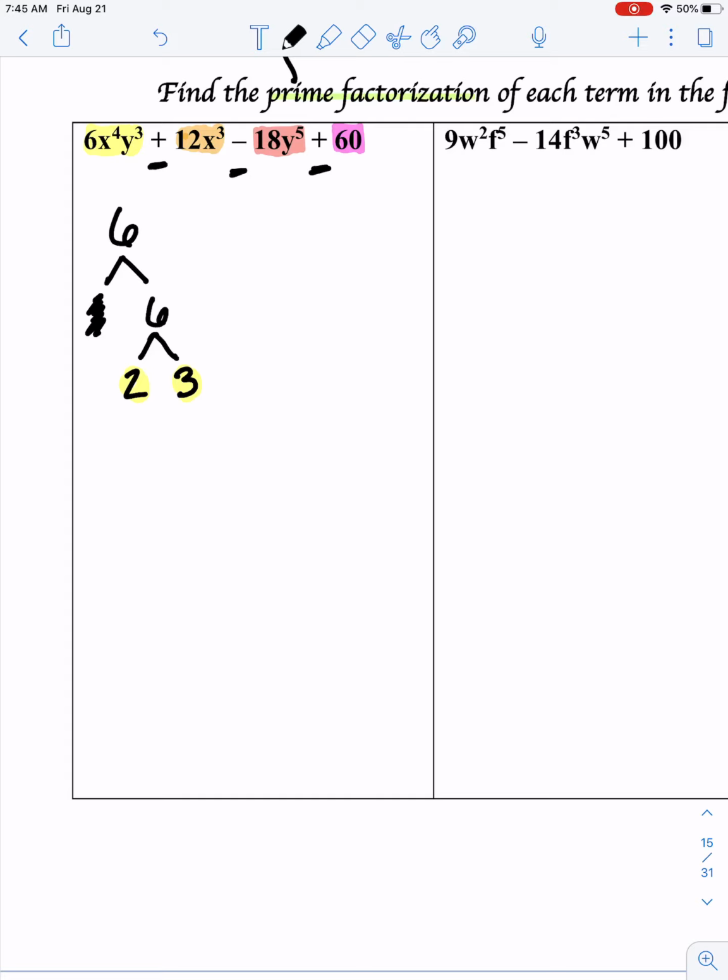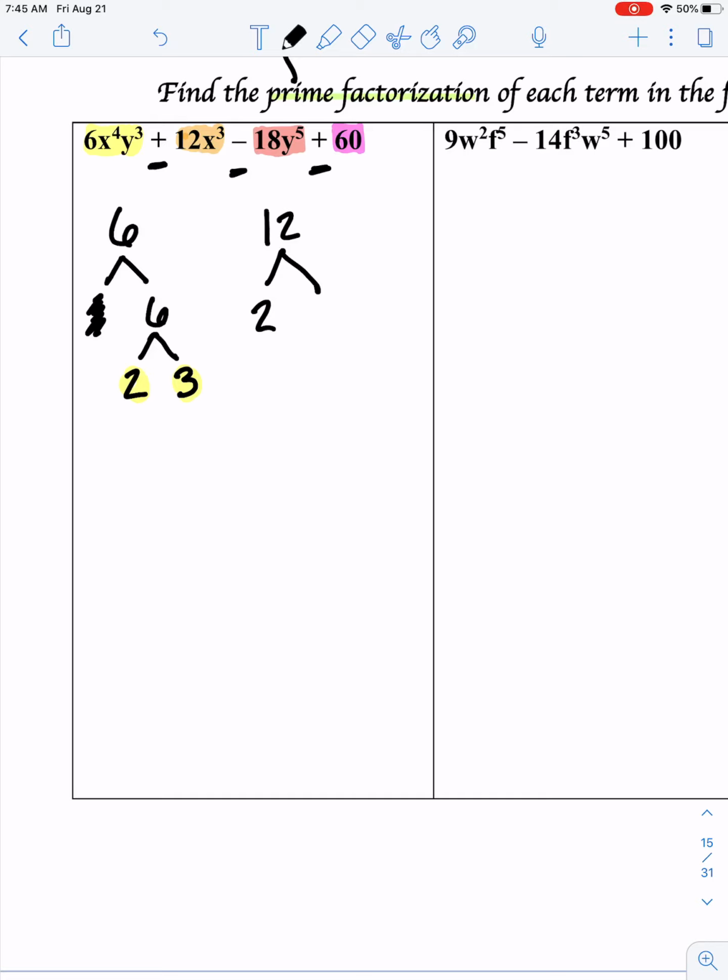Okay, so now I'm going to do 12. And again, 1 and 12, but 1 isn't prime, so I'm not going to waste my time doing 1s from now on. The numbers I like to start with are 2, because it's the smallest prime number, and if it's an even number, it's divisible by 2. And then I like to do 3. If the digits inside of a number add up to be divisible by 3, then you know it's also divisible by 3.